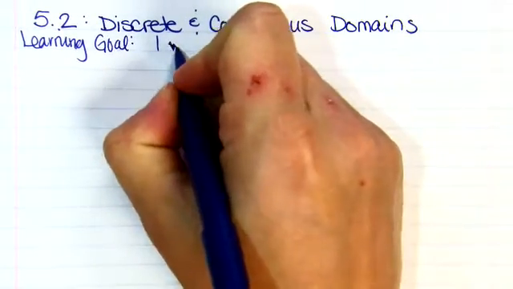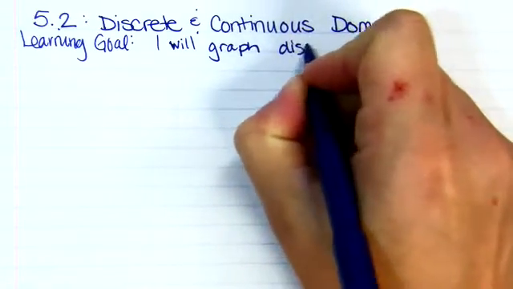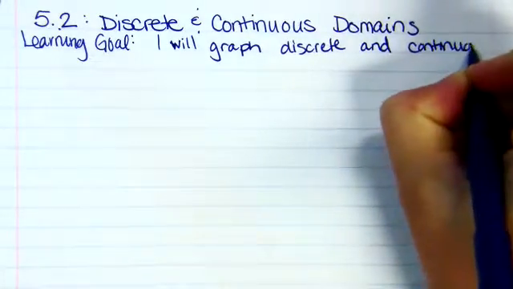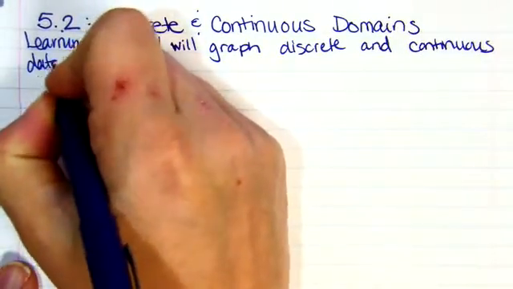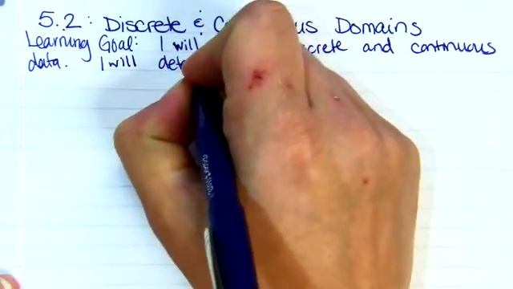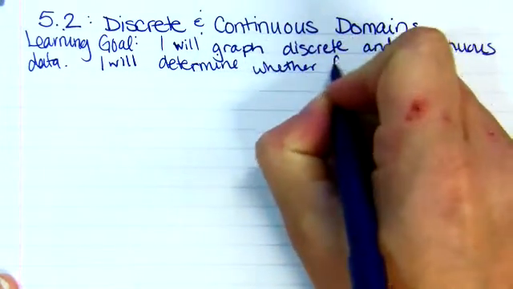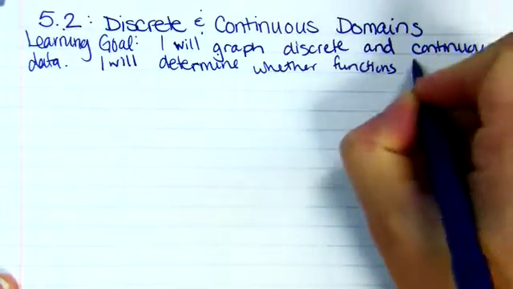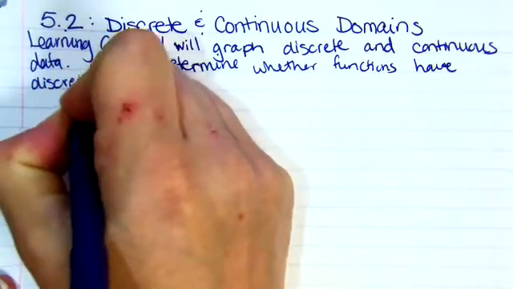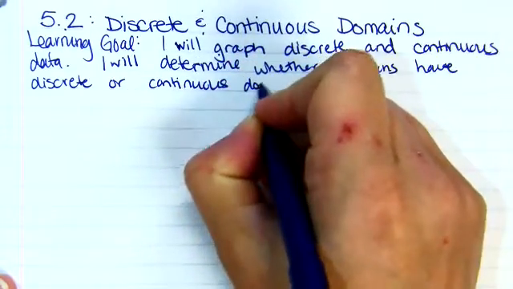Our learning goal: I will graph discrete and continuous data, and I will determine whether functions have discrete or continuous domains.